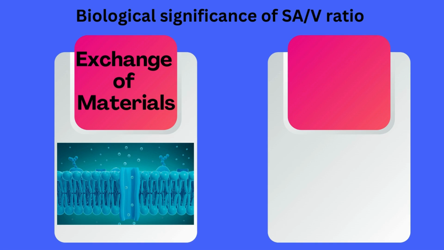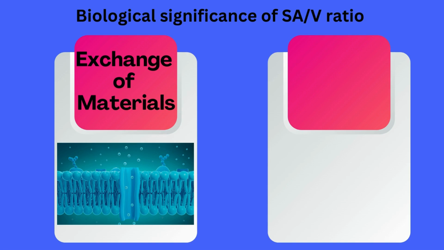For example, small cells or organisms with a high surface area to volume ratio can effectively exchange materials with their environment. However, large organisms like man and other animals are not able to effectively exchange materials with their surrounding with a simple process.